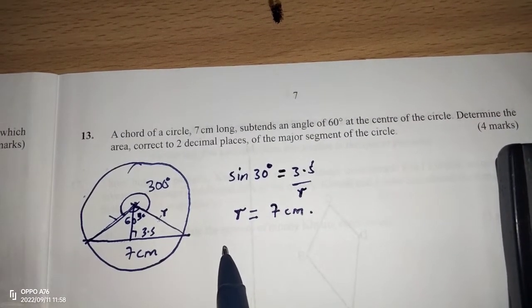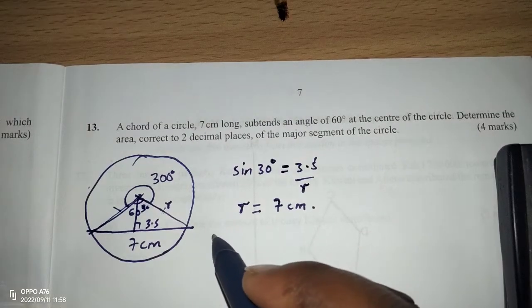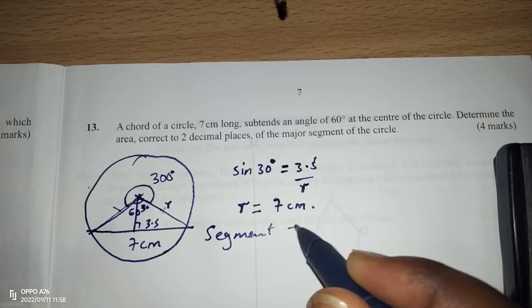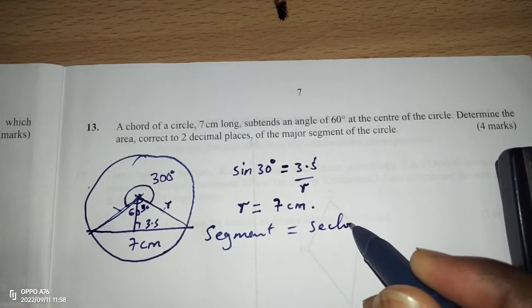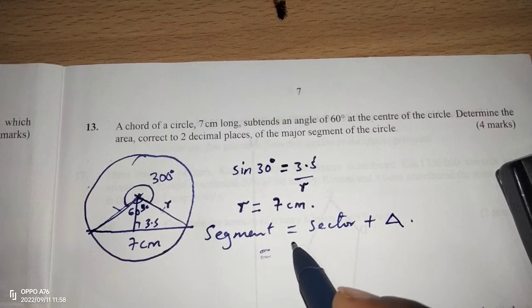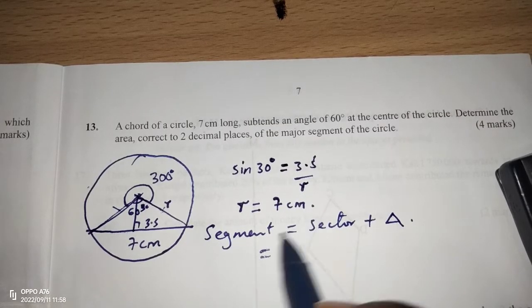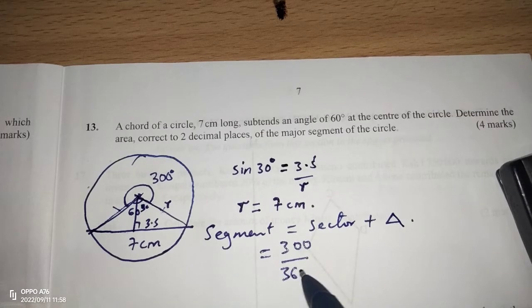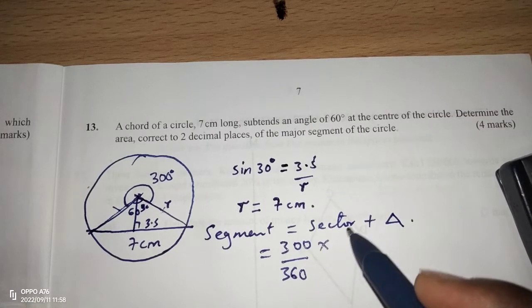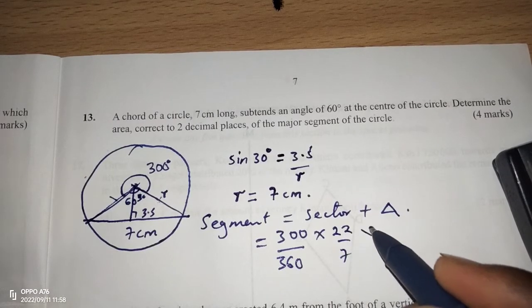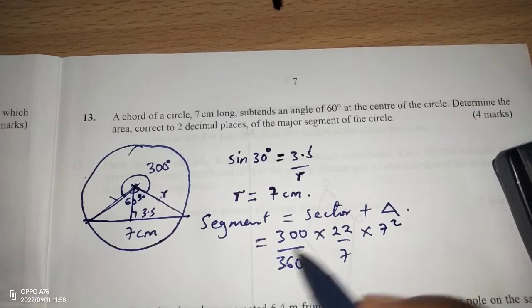Now that we have the radius, we can get first of all the sector, because the major segment is going to be sector plus triangle. Then it means we will have theta, which is 300 out of 360, times pi r squared, 22 out of 7 times 7 squared.